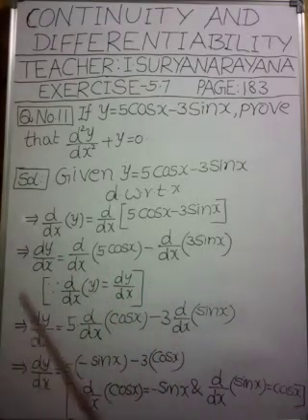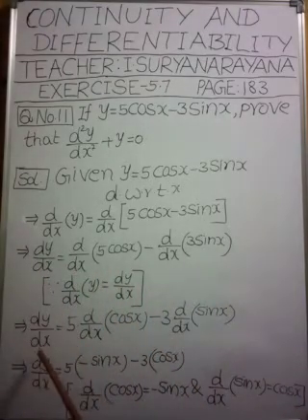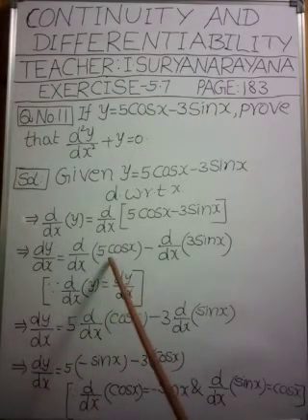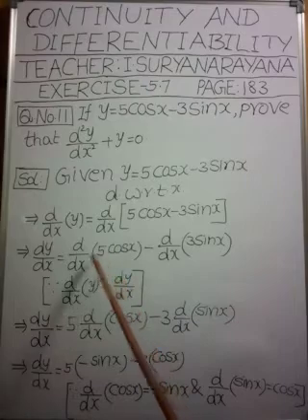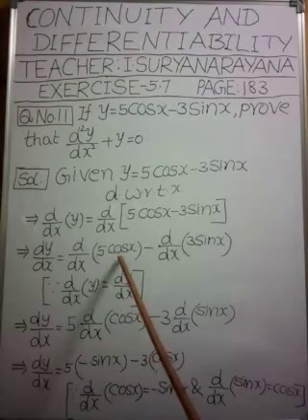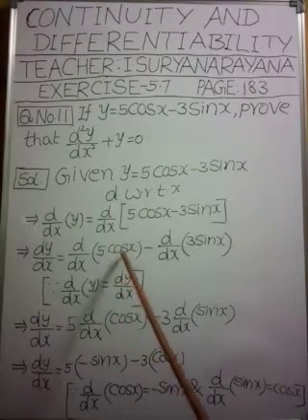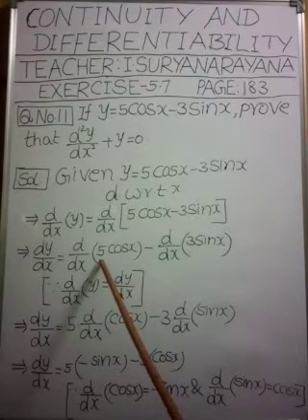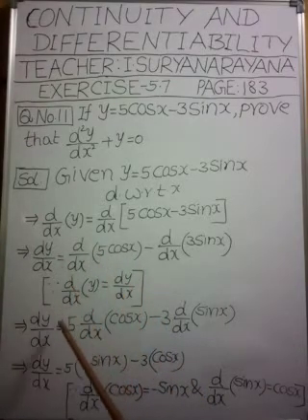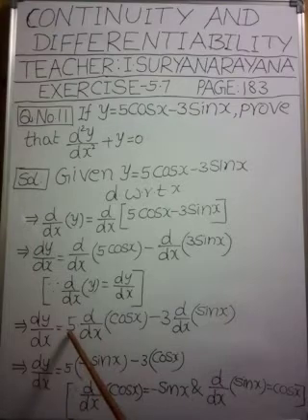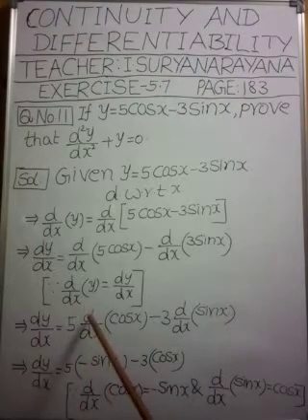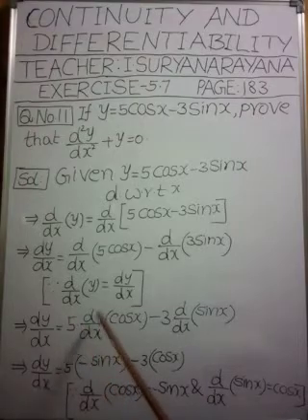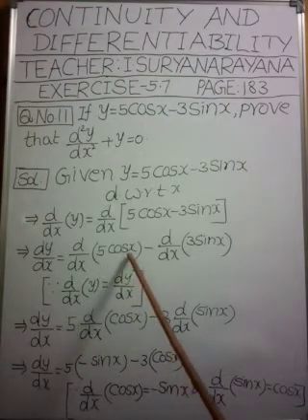This implies I wrote LHS as it is, dy by dx is equal to, if you observe the first term, d by dx of 5 cos x is there. In this part, 5 is the numerical coefficient, so we write it before the differential operator. Then what is the function left here? cos x.